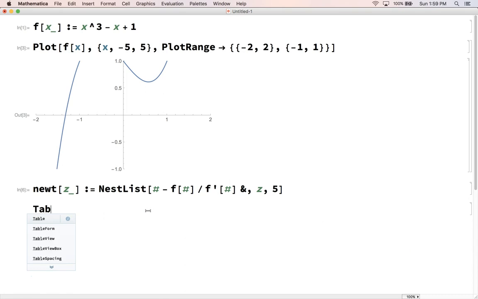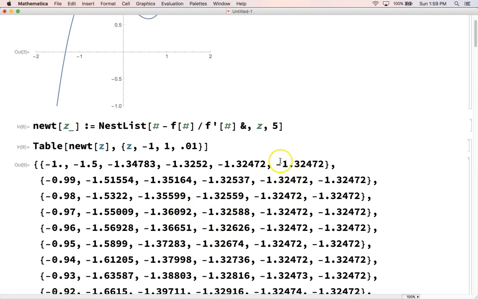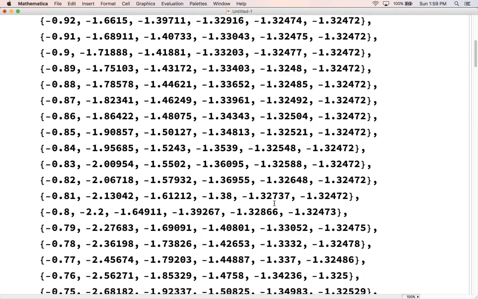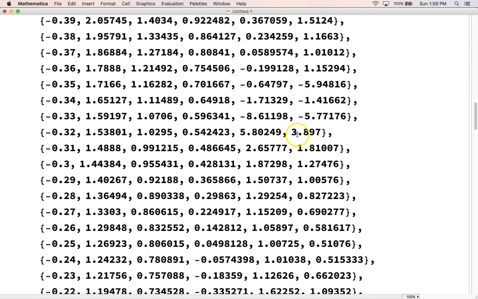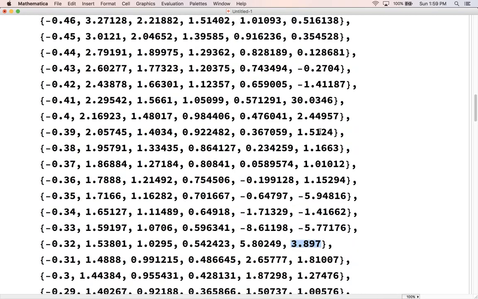Let me make a table, and then I'm going to do newt of z for z from -1 to 1 going up by 0.01. So in total this is going to be about 201 little lists. Okay, so there we go, and each time it's ending with this, that's a good sign. That means it's getting close. But not always. For example, this little list, that one didn't get close to a 0.